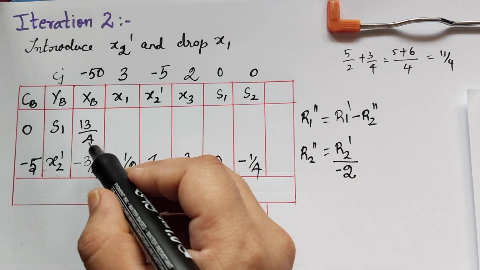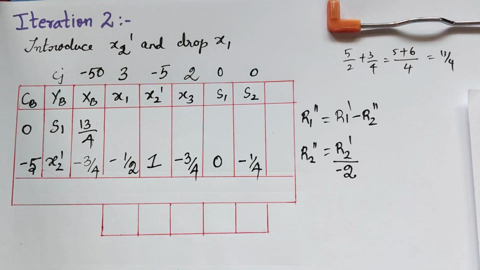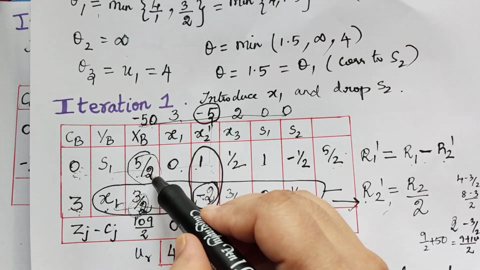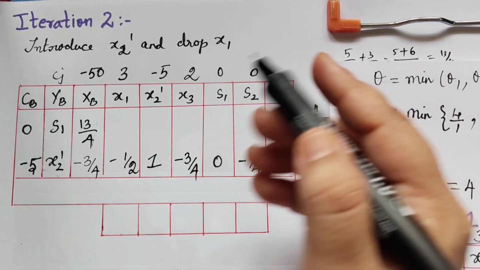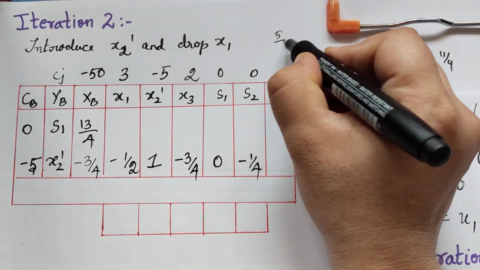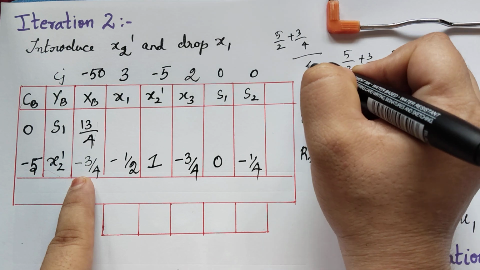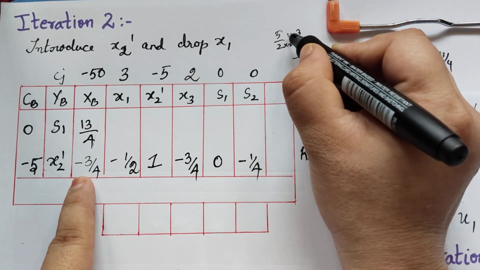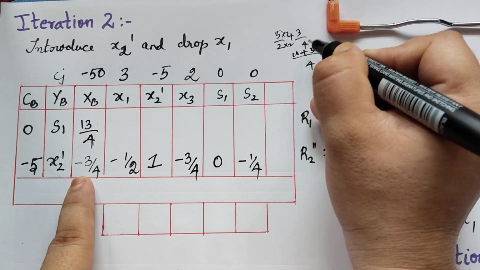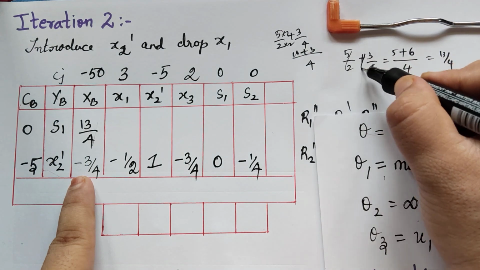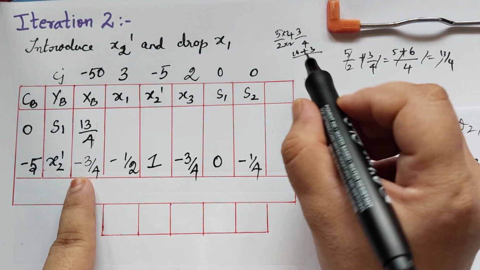And how did we get this 13 by 4? It is actually 5 by 2 minus of minus 3 by 4. So 5 by 2 minus of minus is plus 3 by 4, and the LCM is 4, and here we will have 10 plus 3. So 13 by 4, that is how we got it. Okay, so 13 by 4.